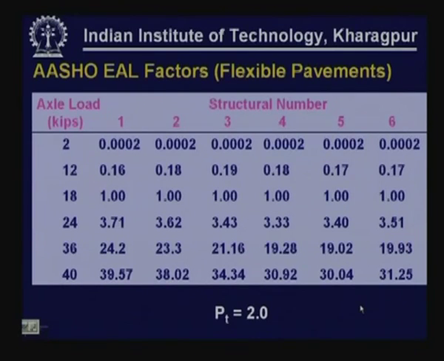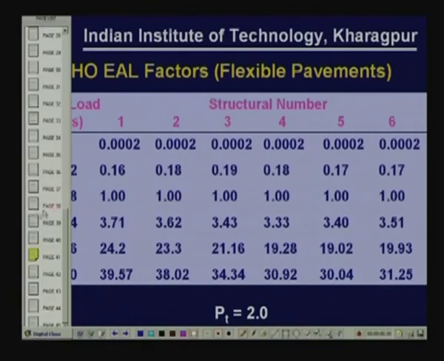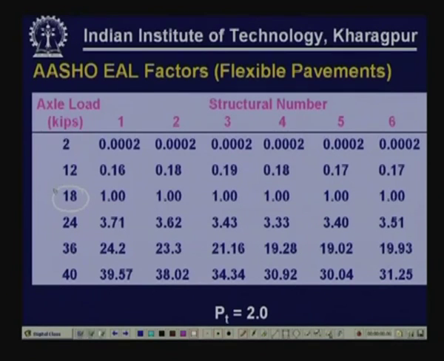The AASHO equivalent axle load factors, as you can see in various standard literature, are given for different axle load groups. Each axle load group is given in terms of kips, 1000 pounds. For example, 18 kips, 18,000 pounds, is the standard axle, so corresponding to this you will have an equivalence factor of 1.